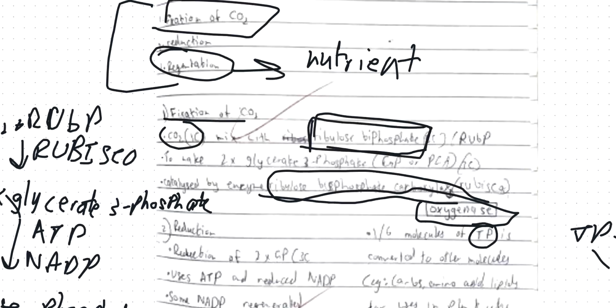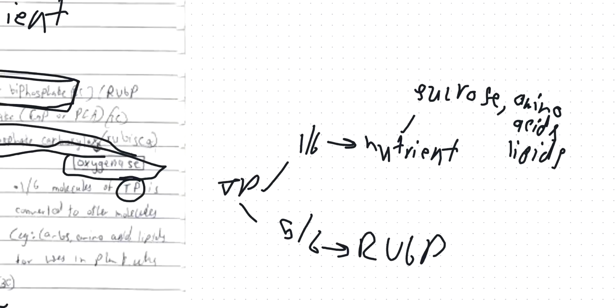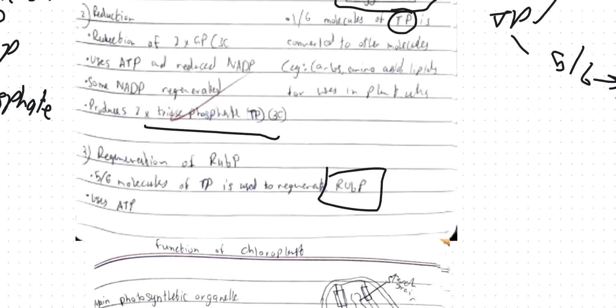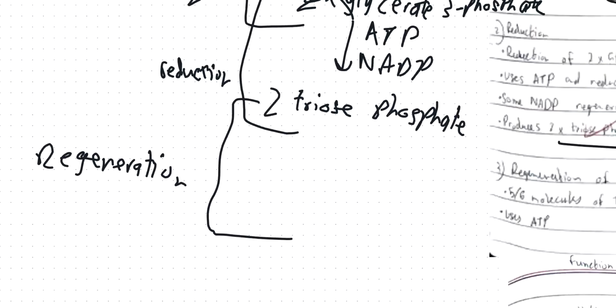Ribulose biphosphate comes from right here. So remember, 1/6 is used to make nutrients, 5/6 is used to make ribulose biphosphate. And remember, regeneration also uses ATP. So you need ATP for regeneration and reduction.